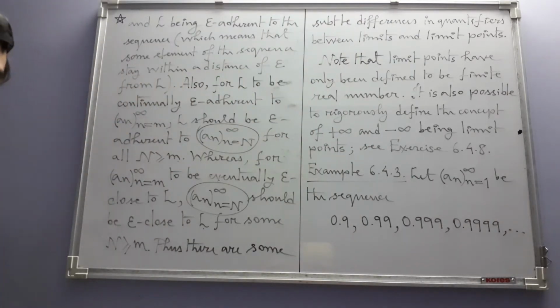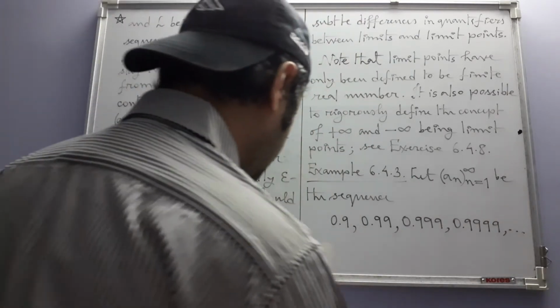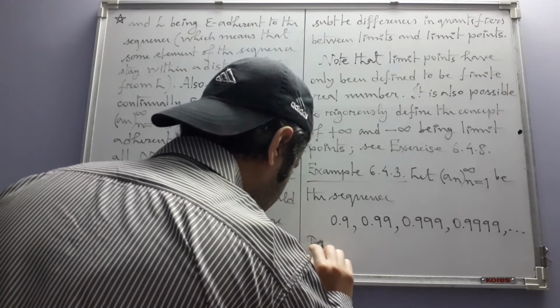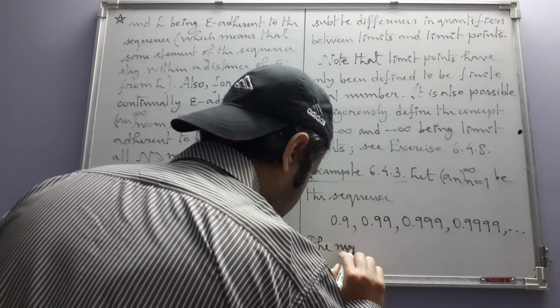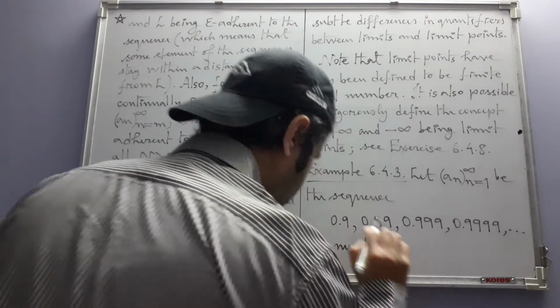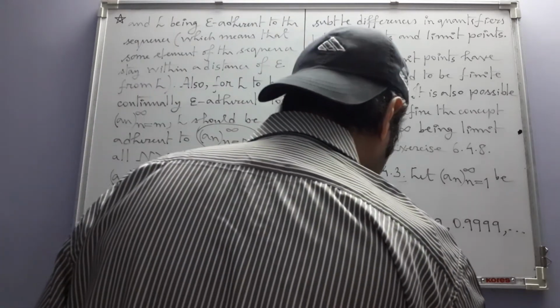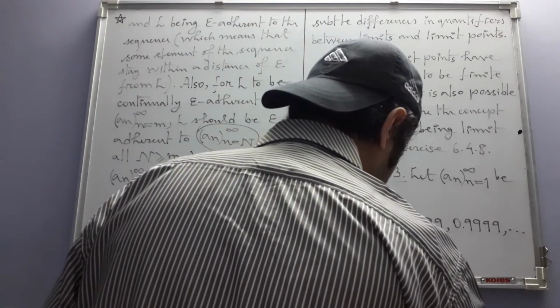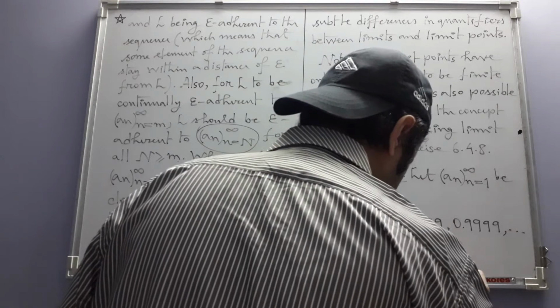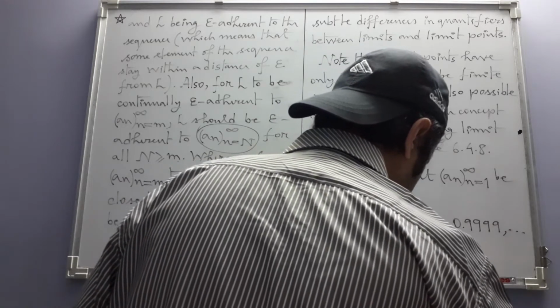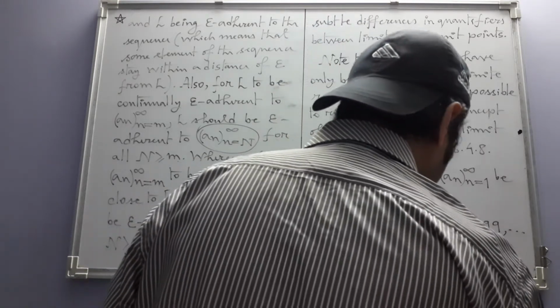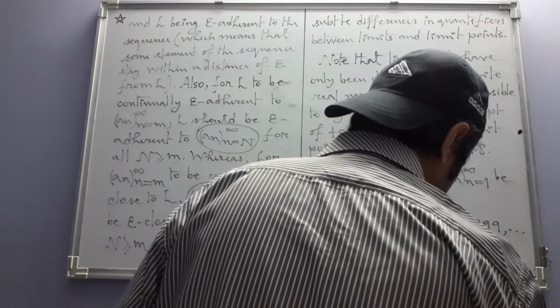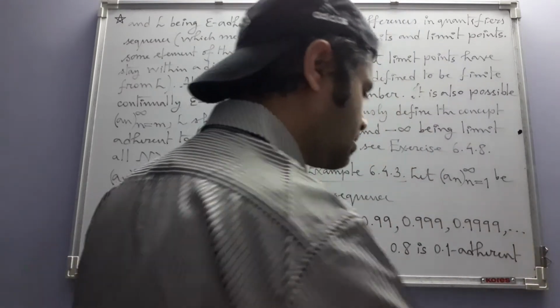Okay, so this is the sequence. The number 0.8 is 0.1 adherent to this sequence.